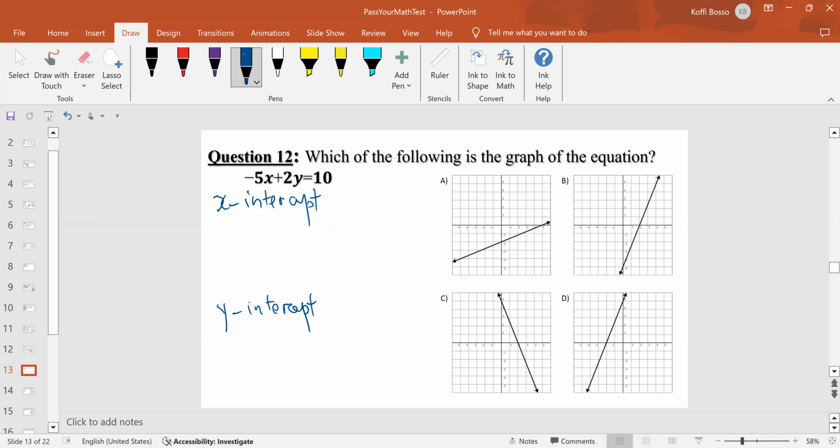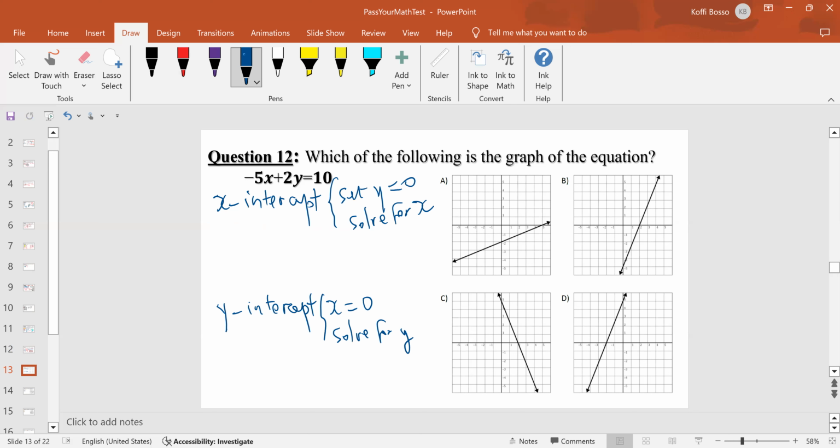Replace the y by 0, and solve for x. And when they say y-intercept, that means replace this time x by 0, and then solve for y. So x-intercept is where the line crosses the x-axis, and the y-intercept is where the line crosses the y-axis. So if you know these two values, you are good to figure out the correct choice.